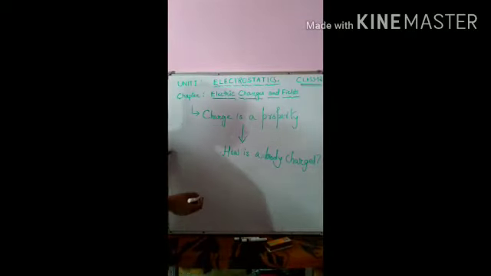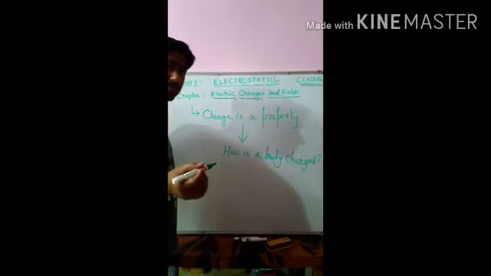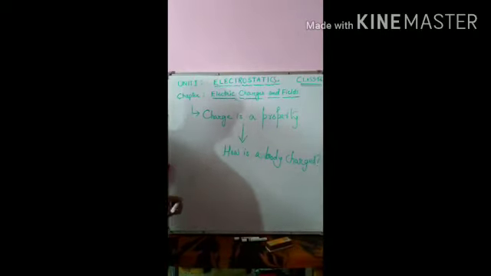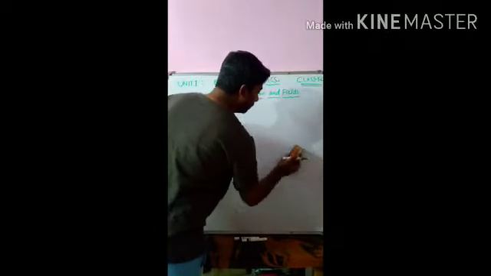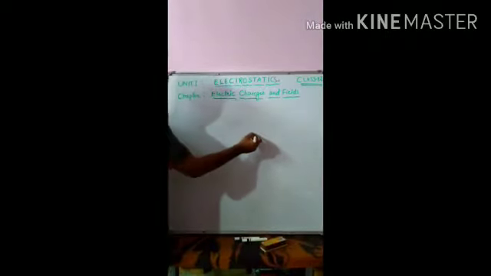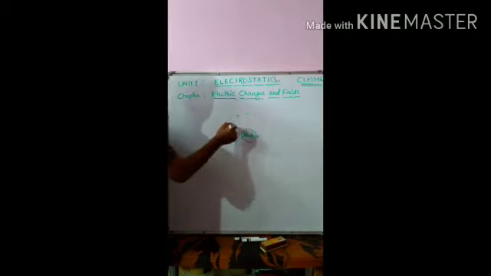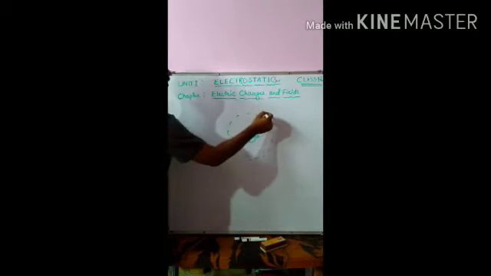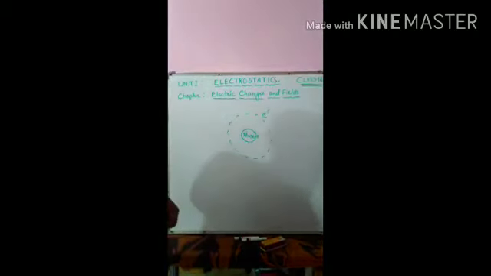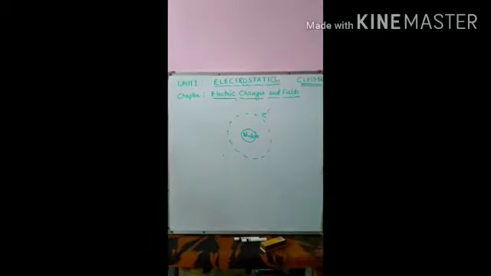Now the thing here is that for that we have to have a simple understanding of the structure of an atom. Let me draw a simplistic view of an atom. We have a positive core that is known as nucleus, and outside this nucleus there is in fact a cloud of electrons.